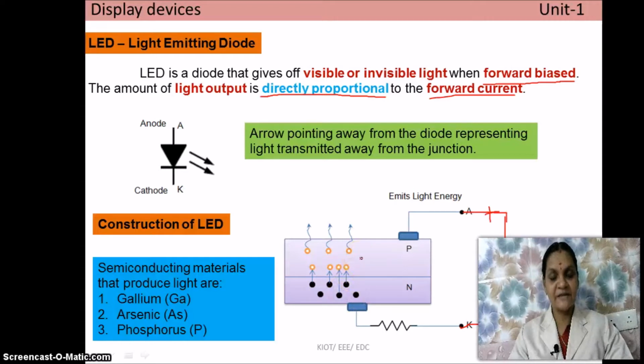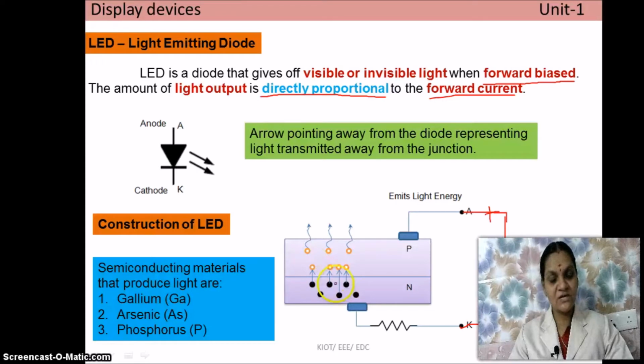That means the electrons move from the higher concentration N region towards the lower concentration P region. Because of this transition, some amount of energy is dissipated in the form of light, and this light is emitted across the P and N junction in different colors. We can call that a photon.